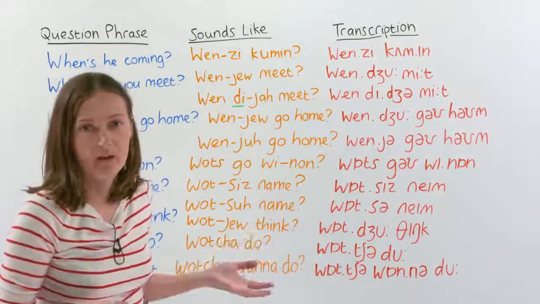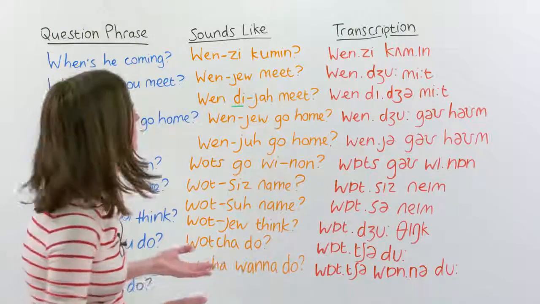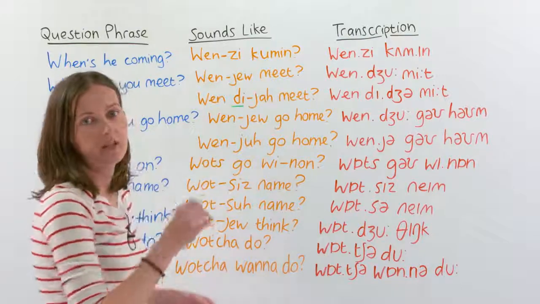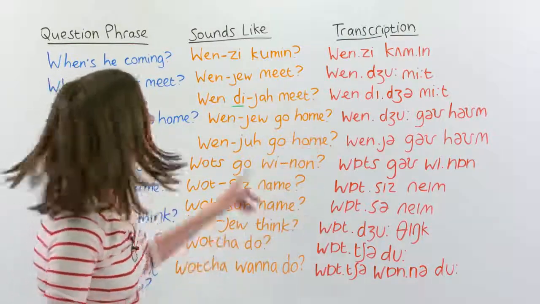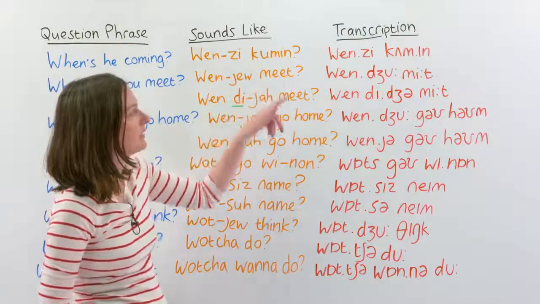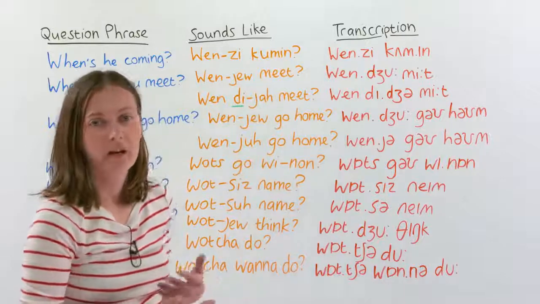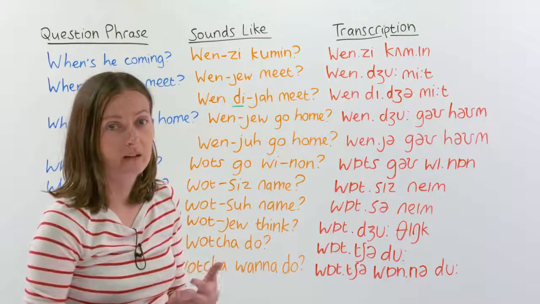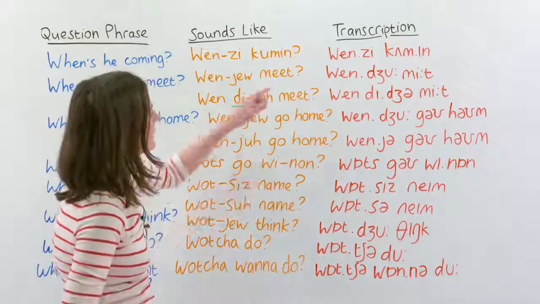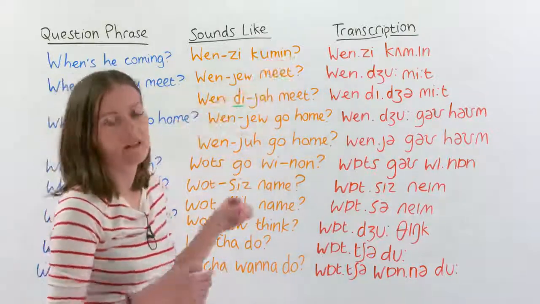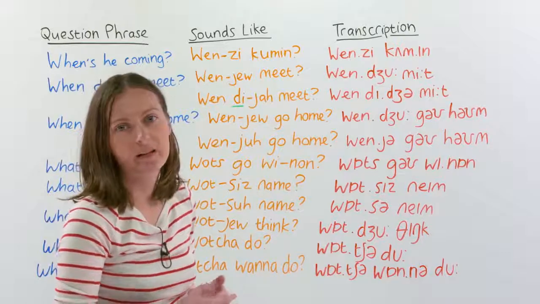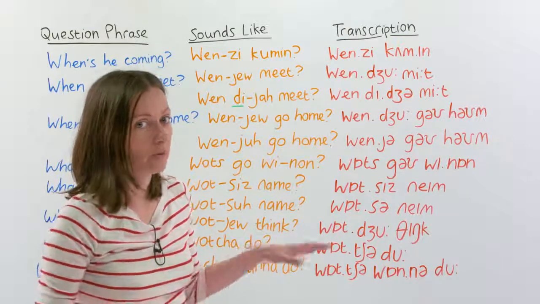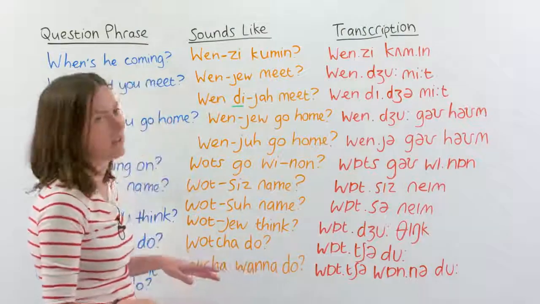What's changed about the question? Well, the first thing to notice is that the G is gone. Coming, coming. That happens a lot in words that end in ing, like going, coming. We don't say the G when we're speaking in a really relaxed, informal way.